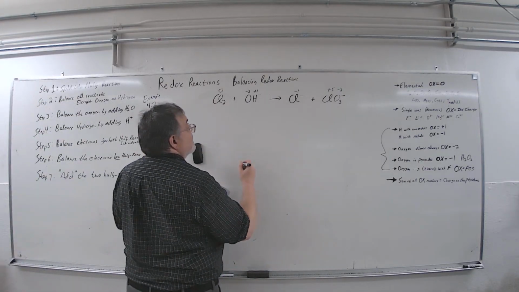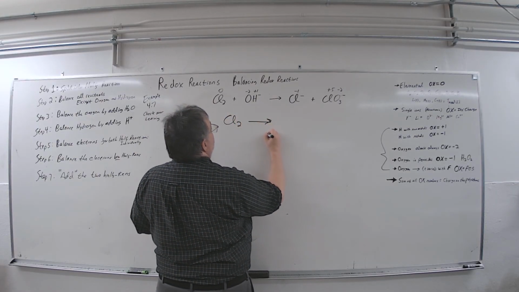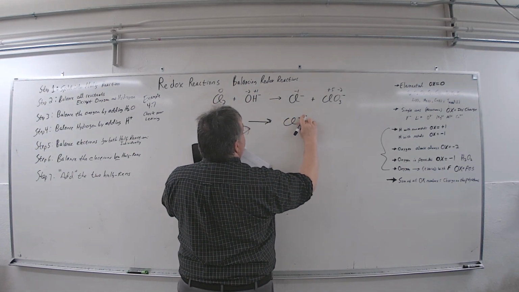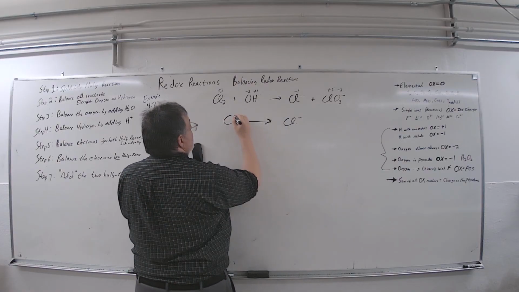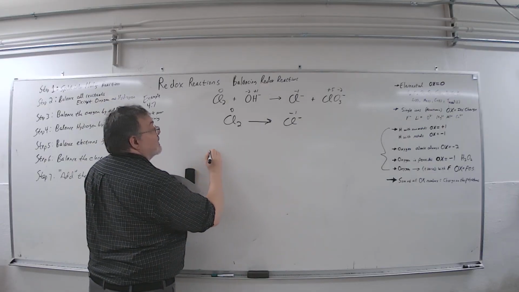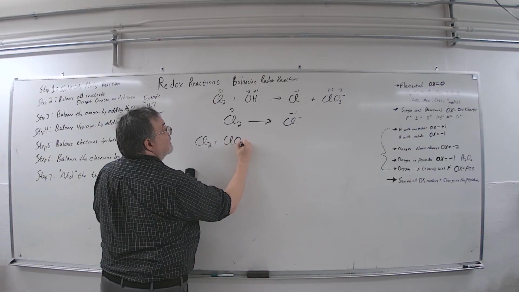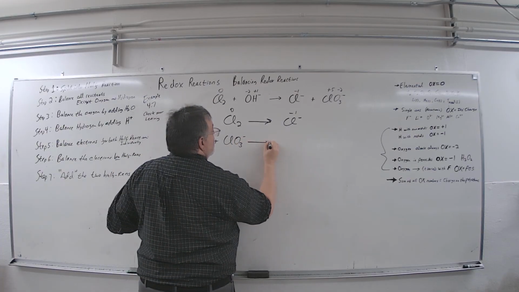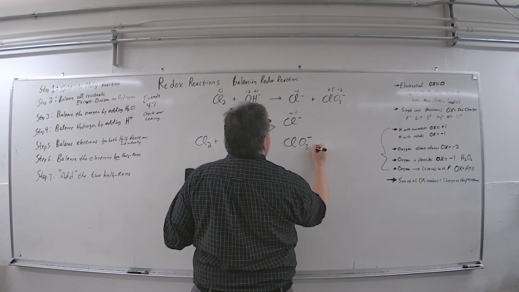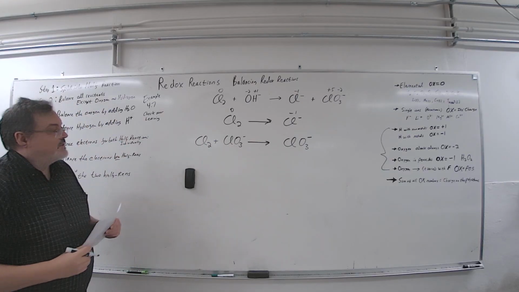So Cl goes from 0 to minus 1. Okay, so we have separated it into oxidation and reduction.